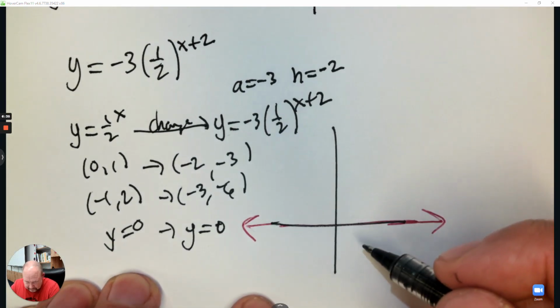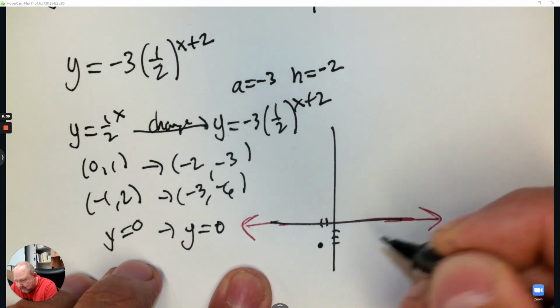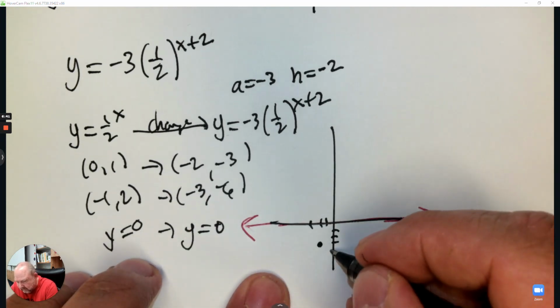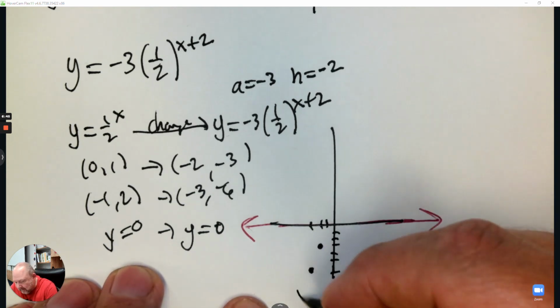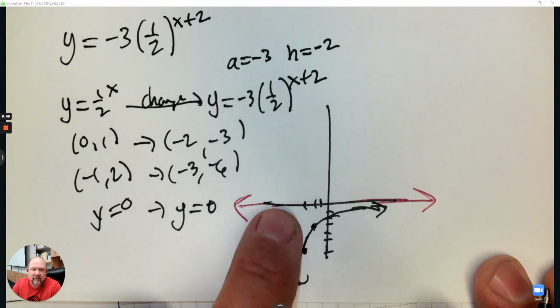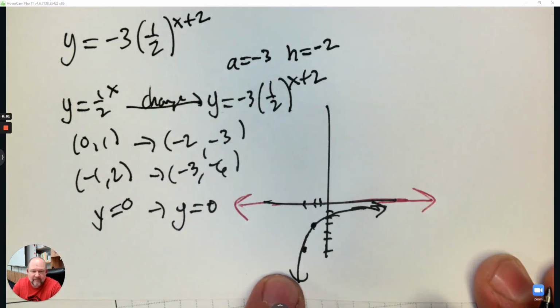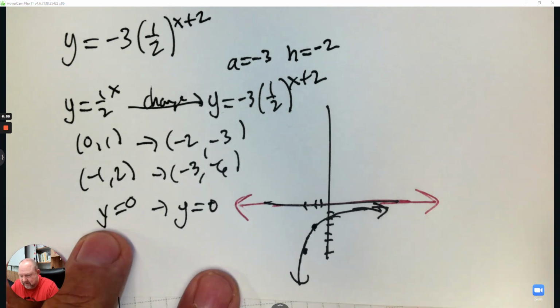All right. So plot (-2, -3), plot (-3, -6), and then the graph is going to curve. Because there's a reflection, instead of going up, it goes down, and here's the curve of an exponential that's been reflected across the x-axis.